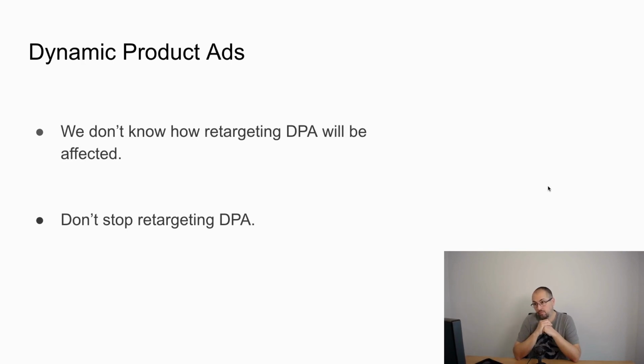Dynamic product ads. Facebook says nothing will happen with dynamic product ads. They will work as before. But again, what happens with dynamic retargeting? Because dynamic product ads can be done in two ways. One, when you do dynamic product ads for new audiences, but you can also do dynamic retargeting when you target people that viewed or added to cart products without buying them, and they will see ads for that particular product.